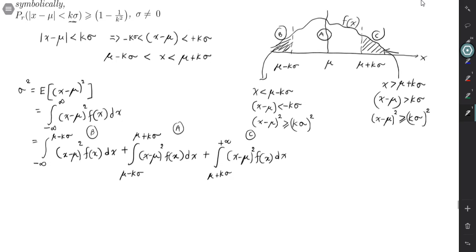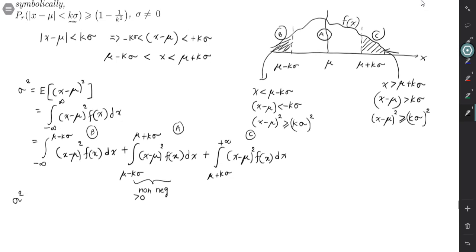Okay, we know for sure that the middle part contains all positive values. f(x) is a PDF, so it is non-negative. This is the square term, which is also non-negative, and you see the values within a positive area. So for sure we know the integration for area A is non-negative. This cannot be negative. Therefore, we are going to drop this from our expression. So we know this is greater than 0.